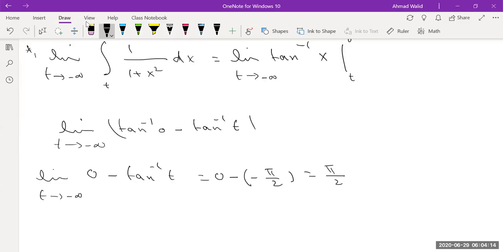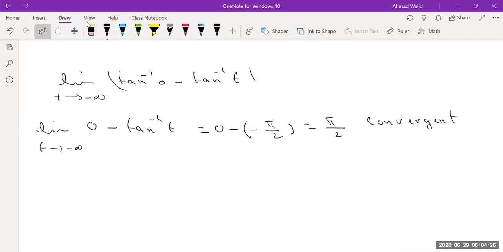Is this convergent or divergent? Definitely, this is convergent. If you solve the second part, which is totally the same, you will get another pi over 2. Then what is your final answer? The integral from negative infinity to positive infinity of 1 over 1 plus x squared dx equals pi over 2 plus pi over 2, the second portion.